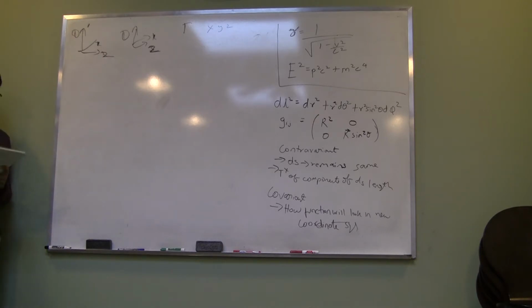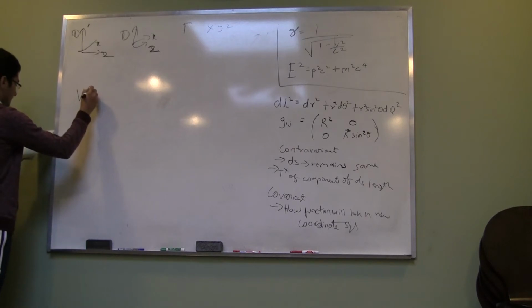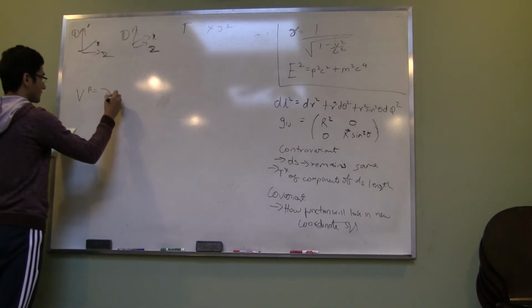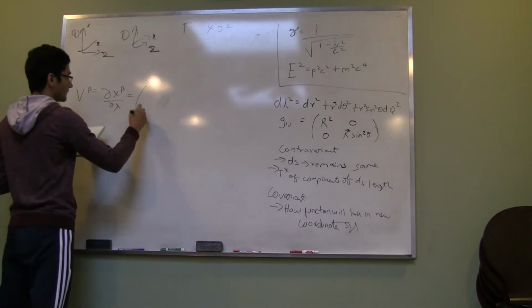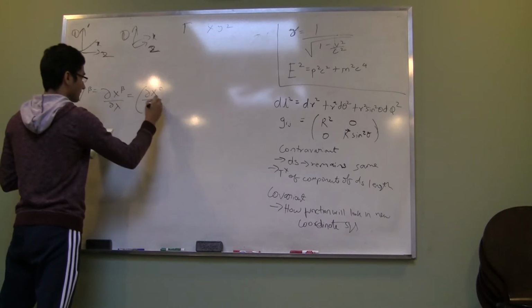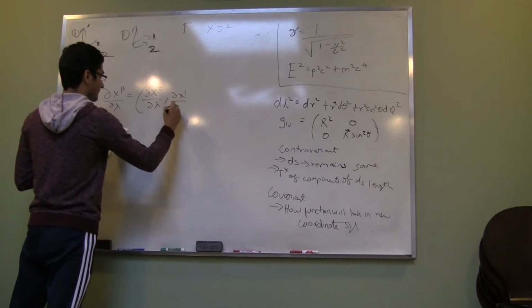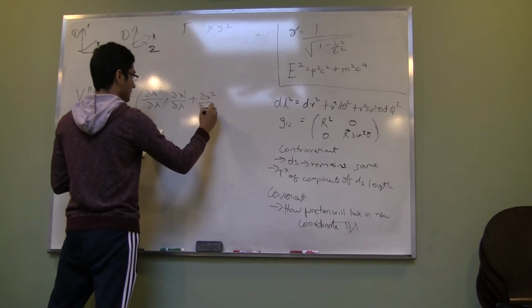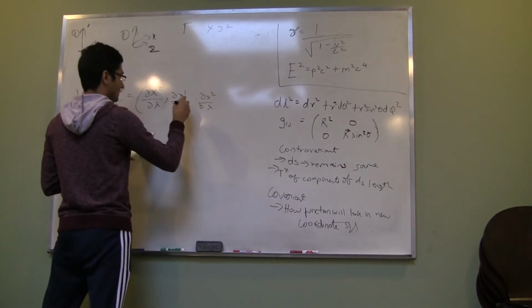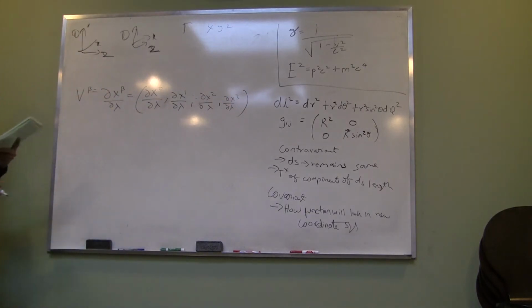A contravariant vector is a tangent vector to a parametrized curve in space-time. Makes sense. So v beta is dx beta by d lambda.